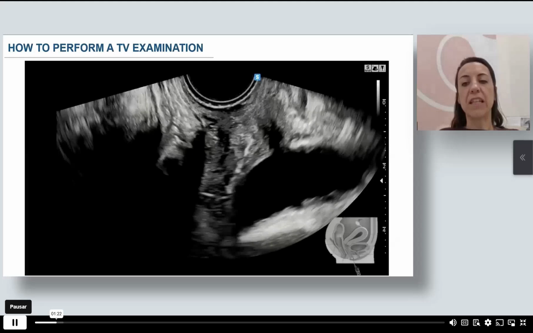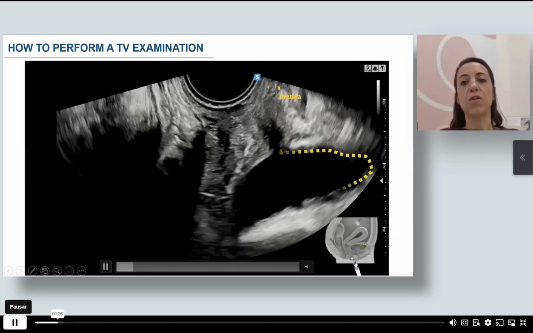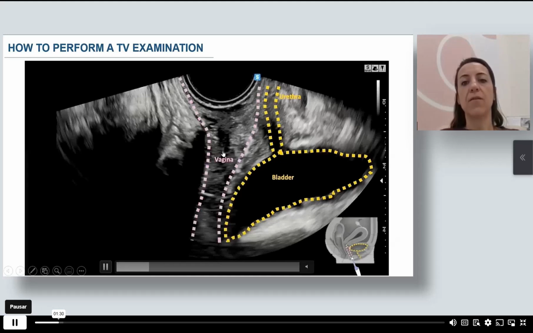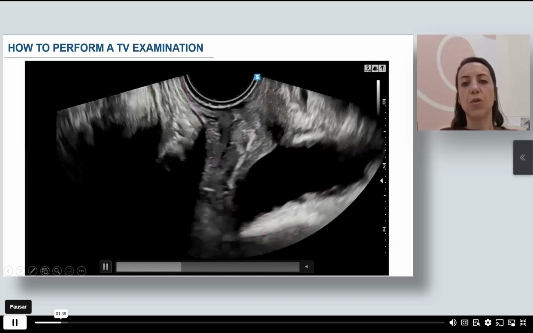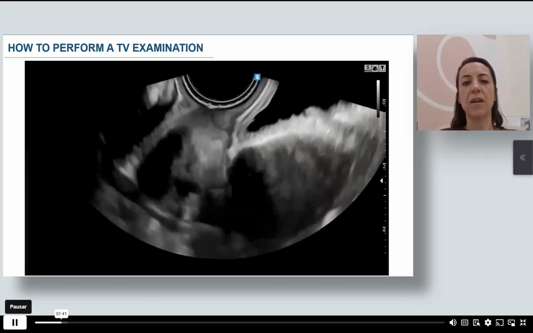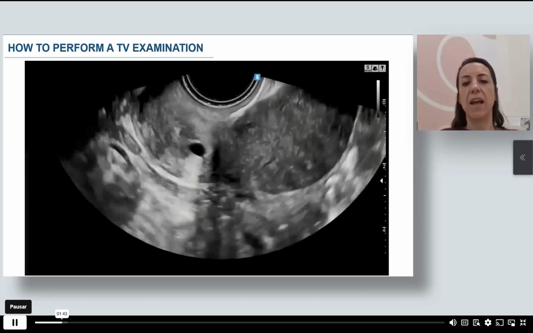We can first insert the probe in the vaginal introitus to visualize the urethra, bladder, vaginal wall, and rectum. And then we insert the probe in the anterior vaginal fornix to visualize the cervix, myometrium, and endometrium.